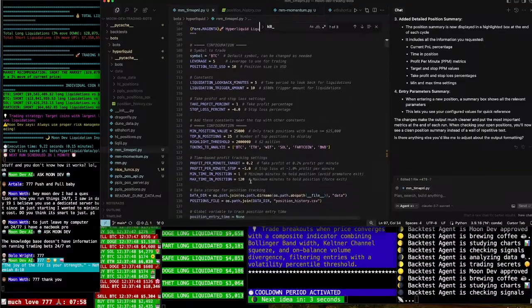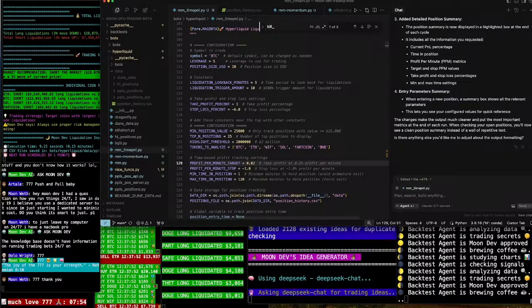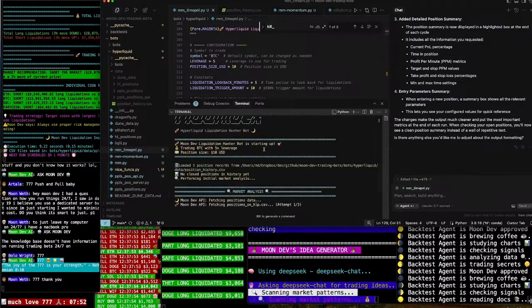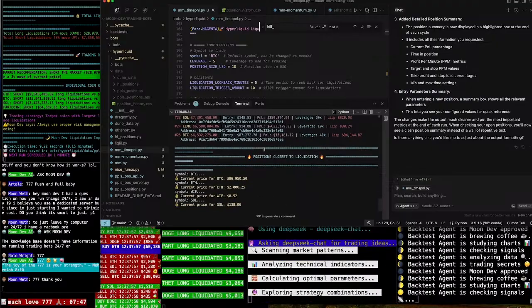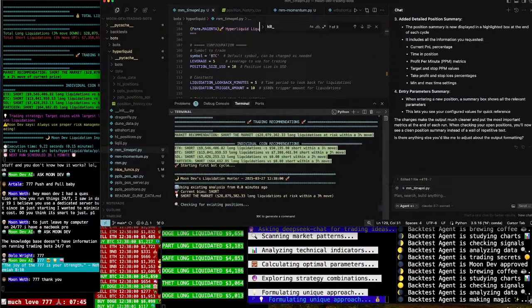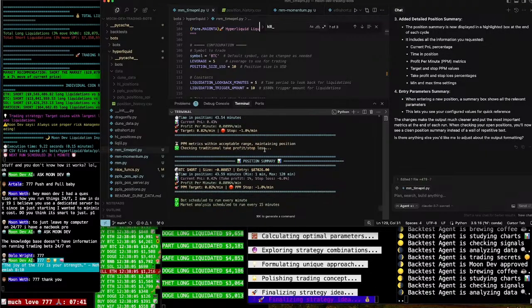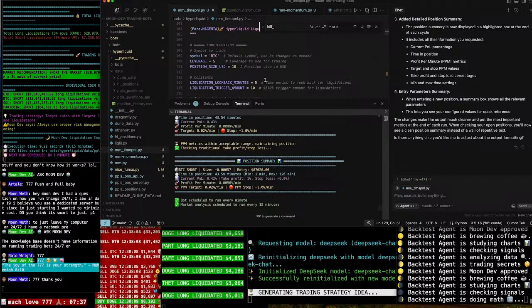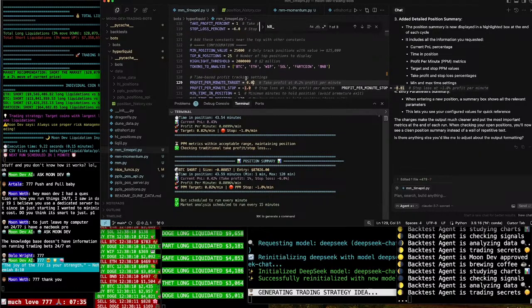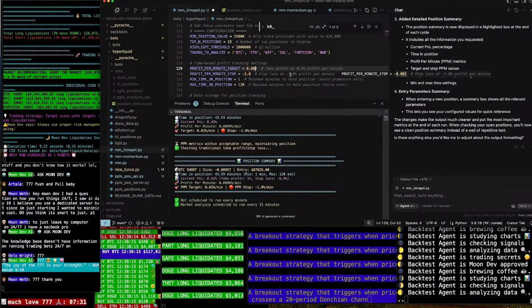Here we go. Profit per minute, let's just say 0.02 for now, and see if it can get us out of the position successfully. So you can see the profit per minute is 0.009. Fudge. So this is going to go exponentially lower.